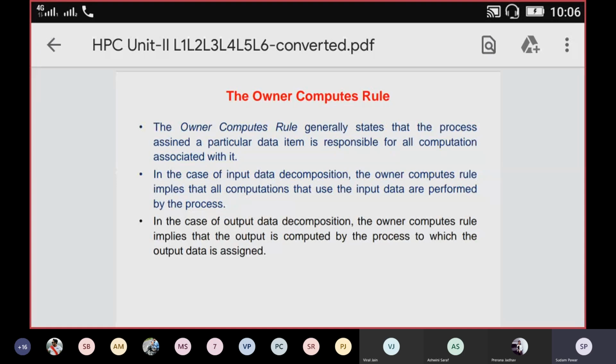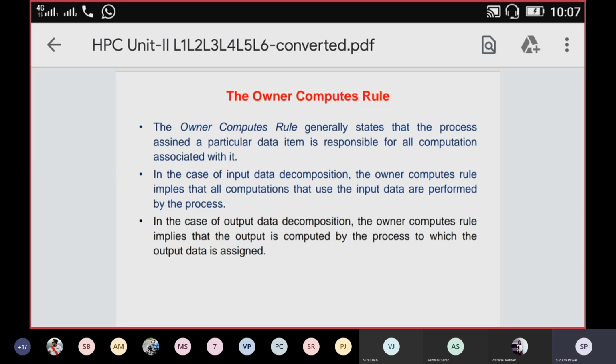It is divided into two subtypes: input data decomposition owner computes rule, and output data decomposition owner compute rule. For input data decomposition, the owner compute rule says that all computations that use the input data are performed by the process holding that data, the process to which that data is assigned.